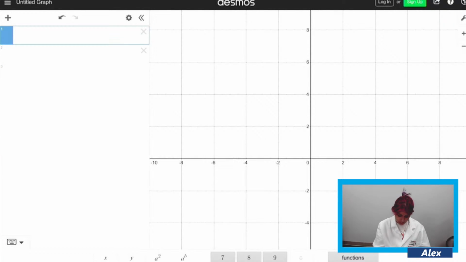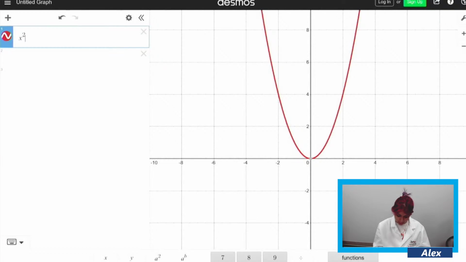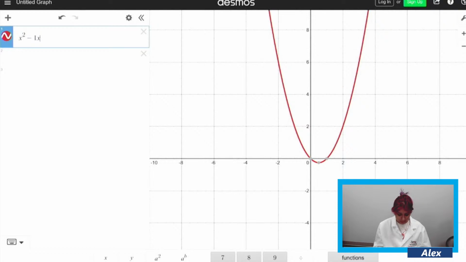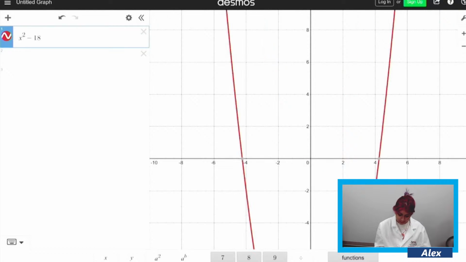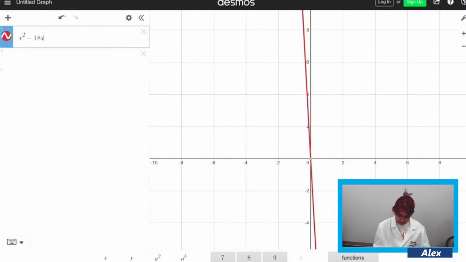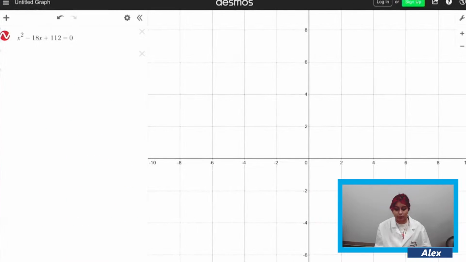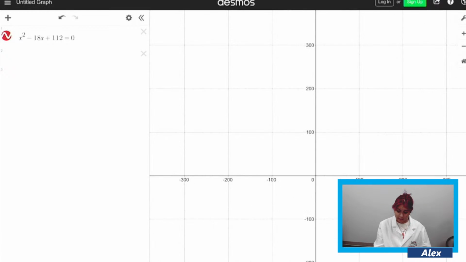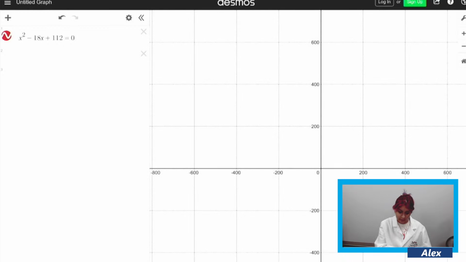So if we do x squared, so minus 18x equals 0. Yes, okay. So let's zoom out on this graph, see where it takes us.